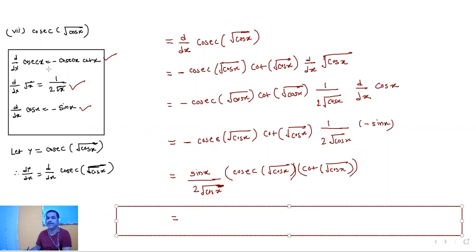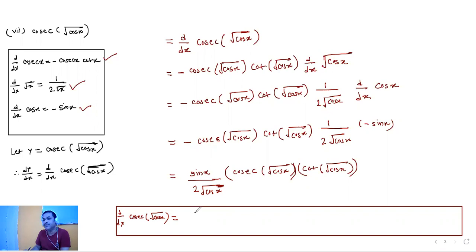So let's say that d by dx of cosec of root of cos of x. Friends, in Maharashtra state or anywhere, proper presentation is very necessary. So whenever you get your final answer, do not forget to put it into a bracket format.